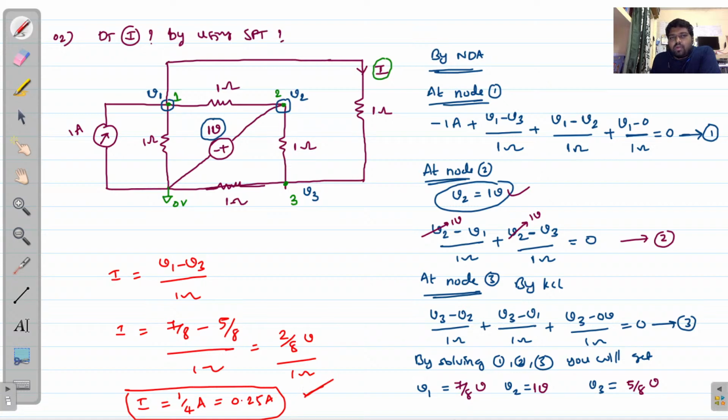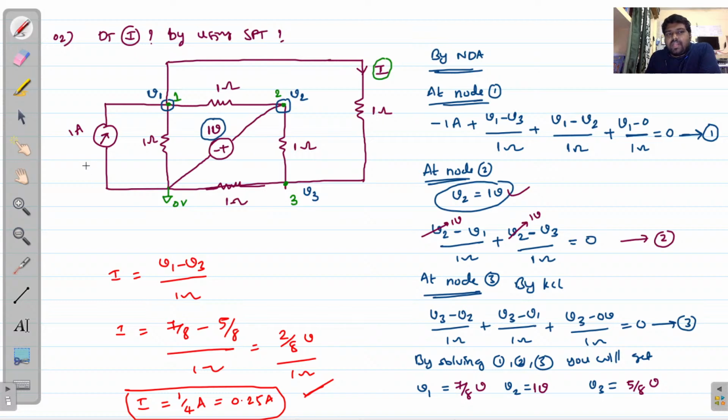So this is the problem. This much time is needed to evaluate this I value using nodal analysis. If you use the superposition theorem, here we have only two sources. You can consider one source at a time and evaluate the current value.